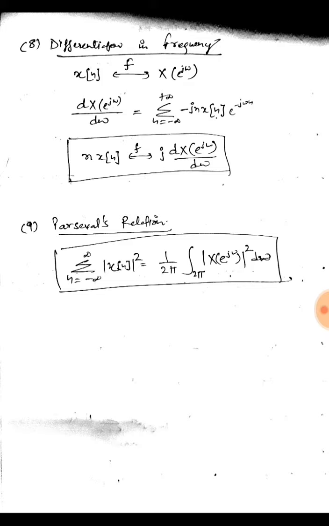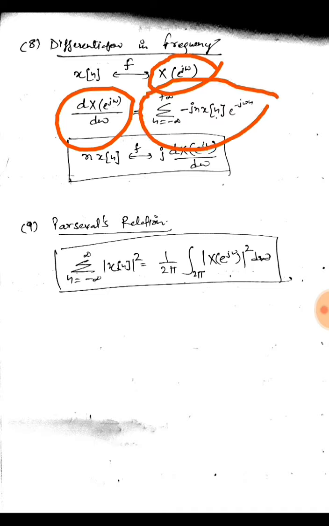Similarly, differentiation in frequency. If I perform the differentiation of this signal in frequency, then its Fourier transform would be minus j n x[n] e raised to power minus j omega n.